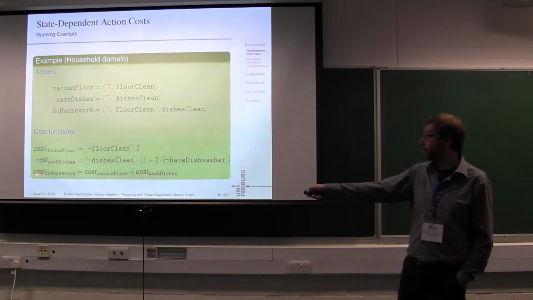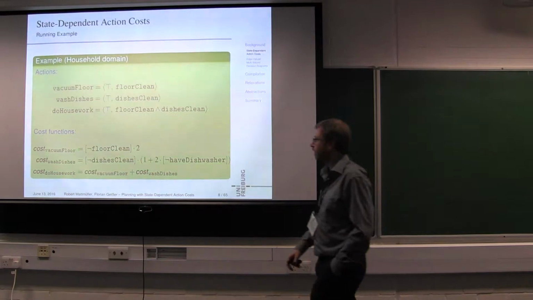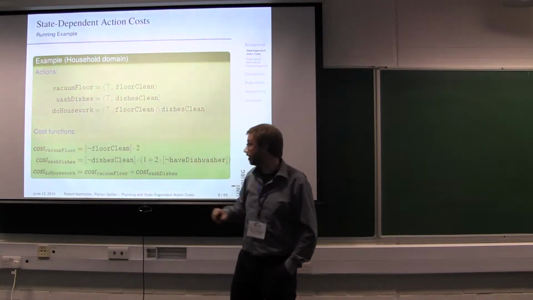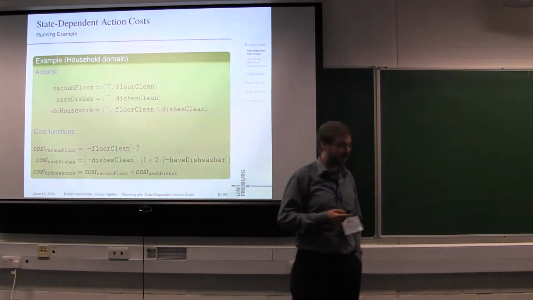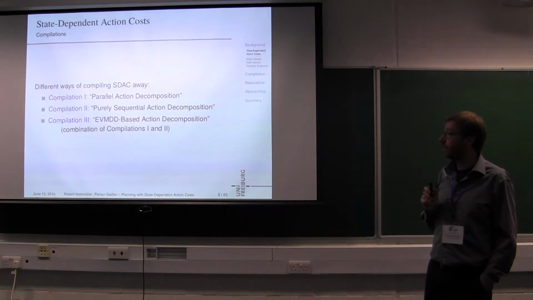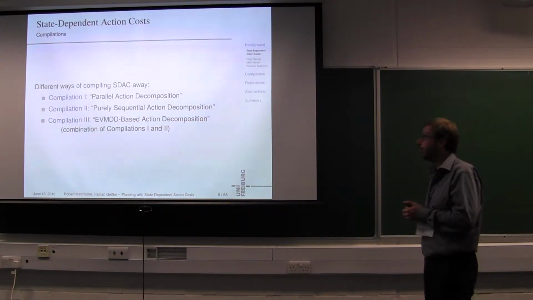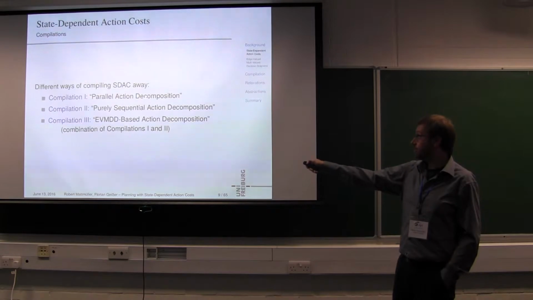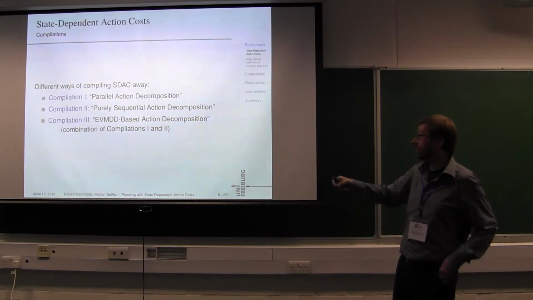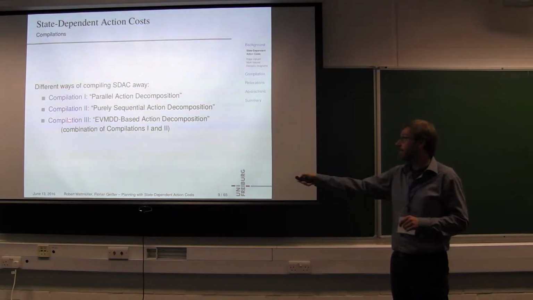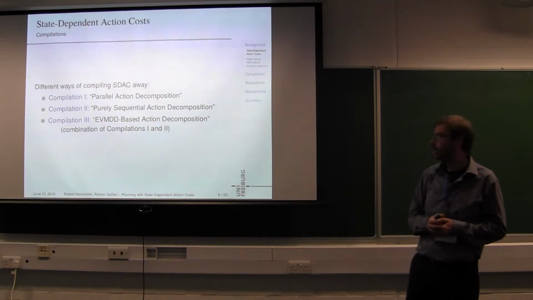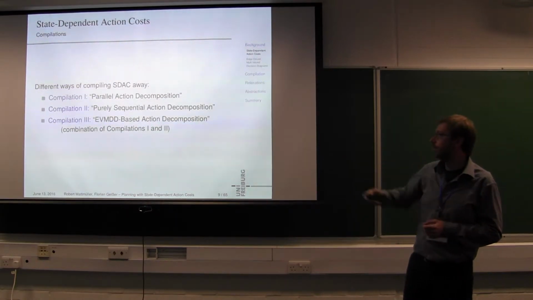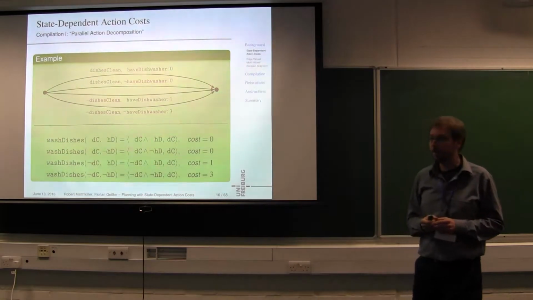And since the do housework action is a macro action combining vacuuming the floor and washing the dishes, its cost is the sum of the costs. Okay, now I'm going to look at 3 possible compilations, 1 to 3. First, parallel action decomposition, then purely sequential action decomposition, and then the EVMDD-based action decomposition that basically combines compilations 1 and 2. Let's start with the first one.